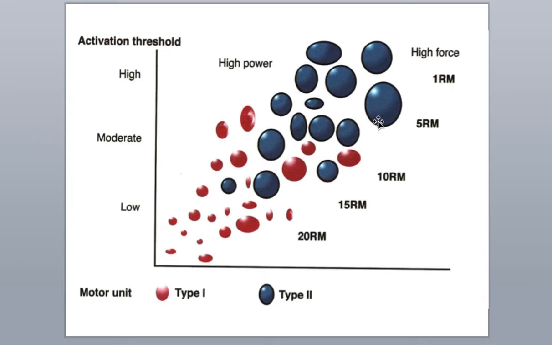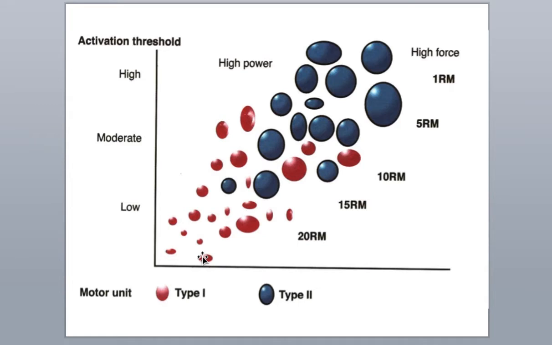Having said that, you can train your body, and this is specific types of training over months and months and months. You can train your muscles to basically skip over the type 1 fibers and possibly the type 2A fibers. More than likely, you're going to skip over at least the type 1 muscle fibers. An example of this is a power lifter.